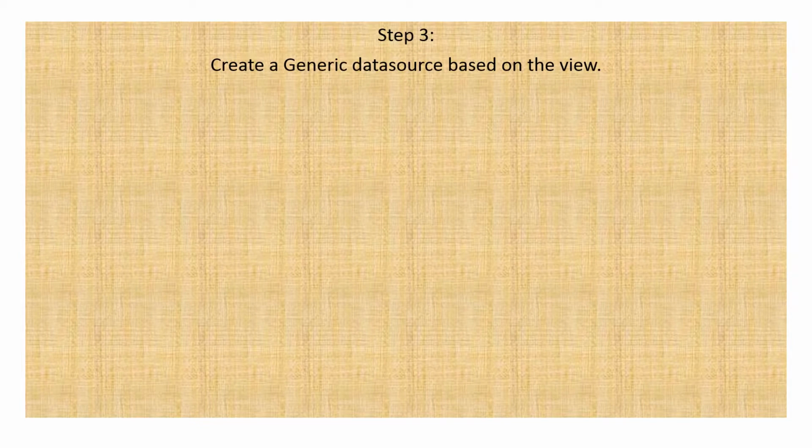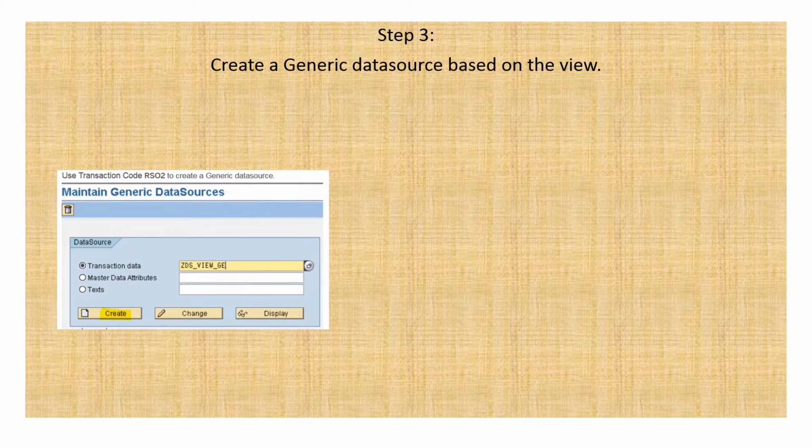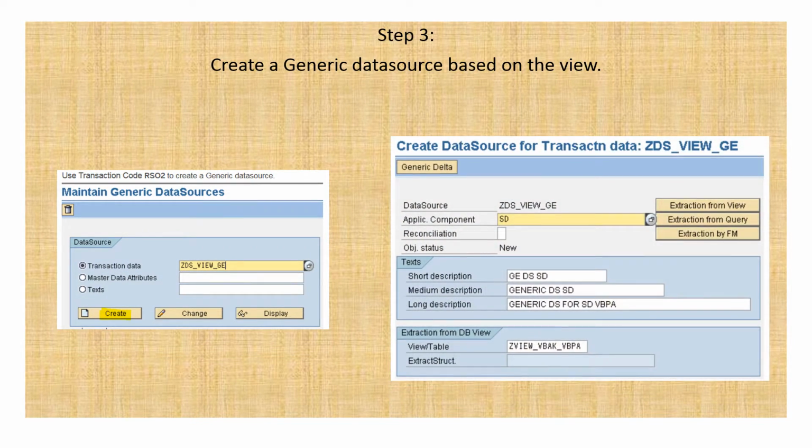Further, we go to step 3, and in step 3 we have to create the generic data source. We have to go to T-code RSA2. In RSA2 you have to select master data, transaction data or text. In this case we are using transaction data, and you write the data source name and then click on create.